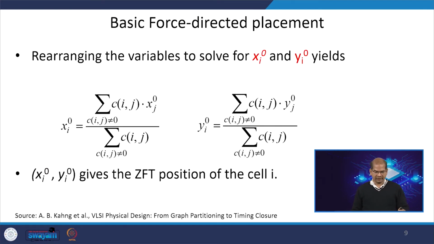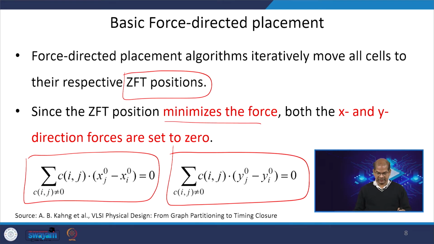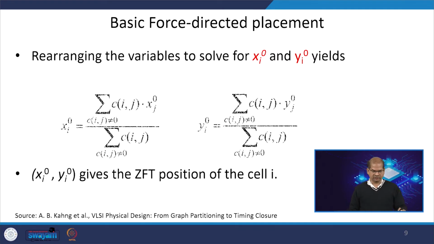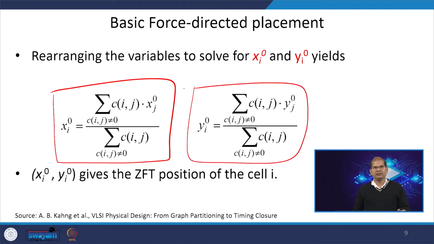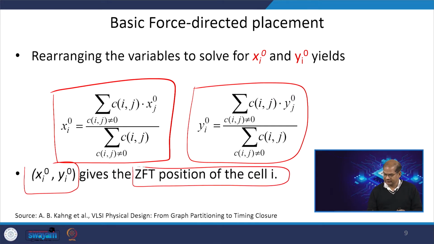Now I want to find my x_i coordinate and y_i coordinate from this equation. My x_i coordinate will be this one, my y_i coordinate will be this one, just simplifying that expression. So, this x_i and y_i will give me the ZFT position of the cell I.